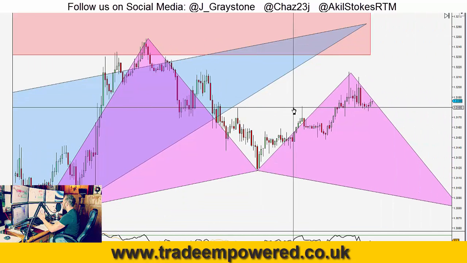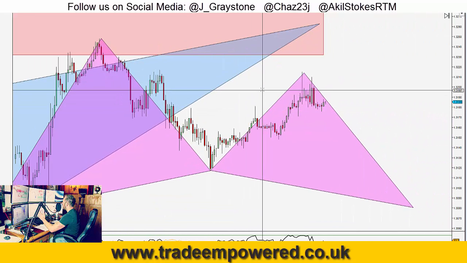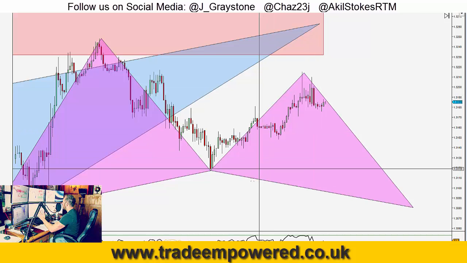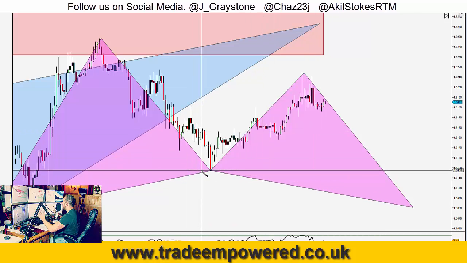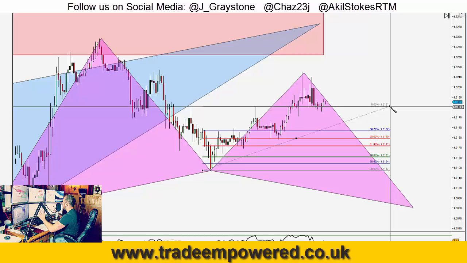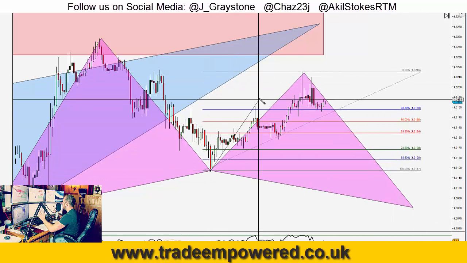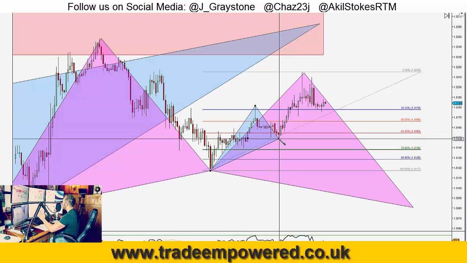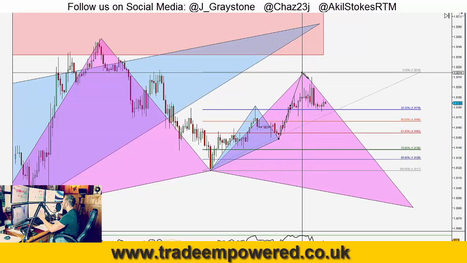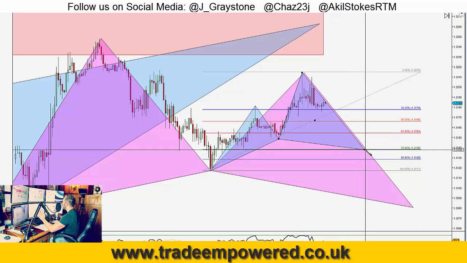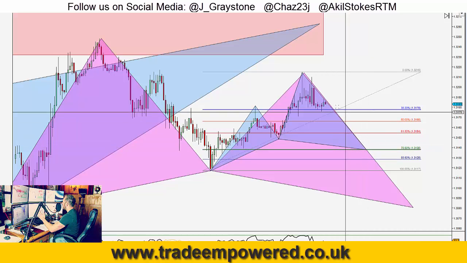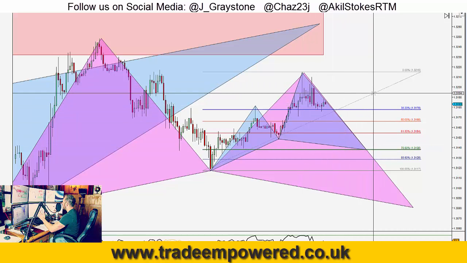So if you're a day trader, or you trade down on the lower time frames, what you're going to see is we've got a potential Cypher formation. This is what we call a Cypher formation, one of the most prolific and profitable pattern strategies that I trade personally.